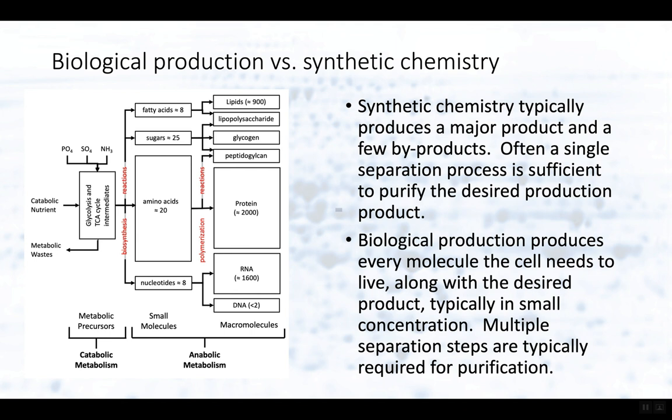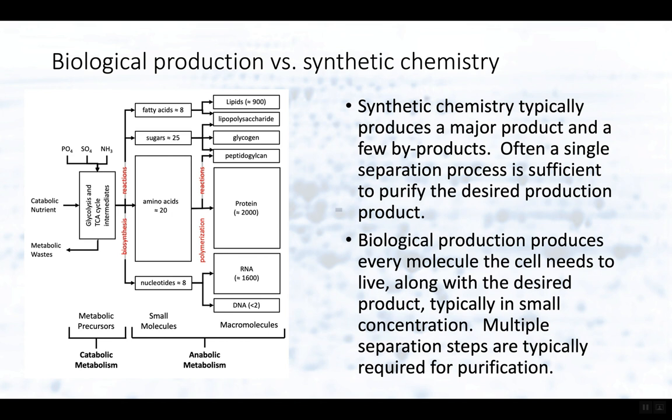So the challenge is, one, how do we pull the molecule that we want, or even the class of molecules that we want, out of the rest of the cellular production?